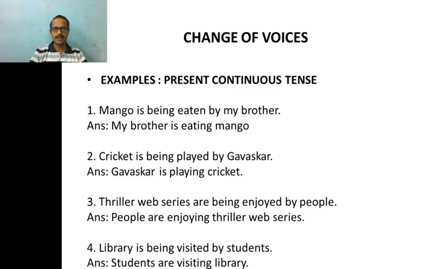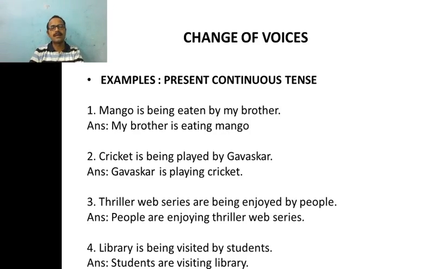Only one we should remove. And here, as it is a continuous tense sentence, we are supposed to have the main verb in ing form, in present participle form. My brother is eating. The subject of passive has become the object of active. Mango. My brother is eating mango.